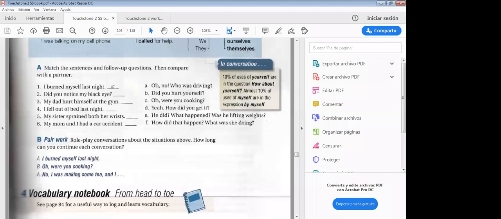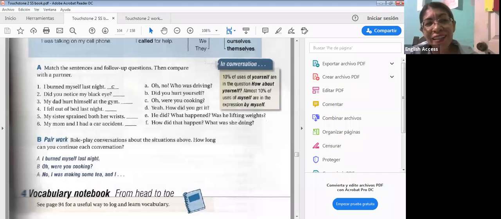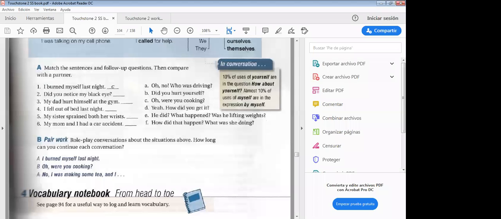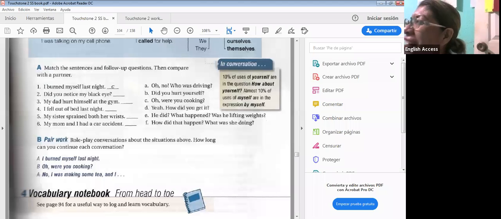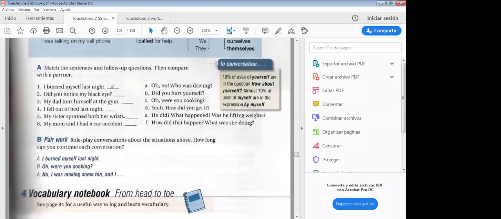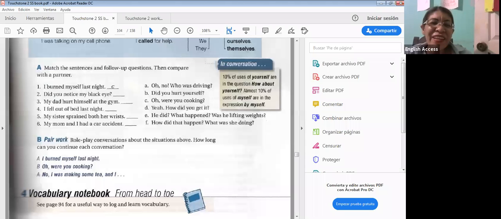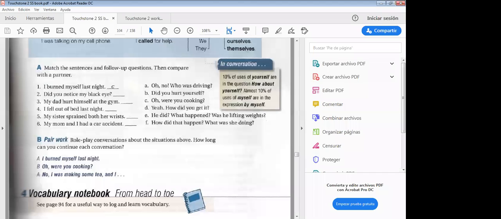I'm thinking. I think the answer. Yes, I have to think about the situation. I can hear you, Damaris. Can you speak louder, please? How can you get a black eye? Maybe you were playing with a ball.